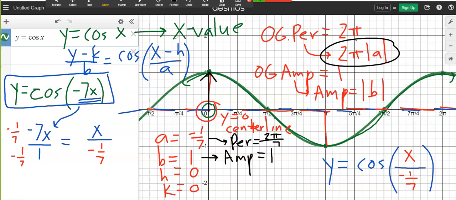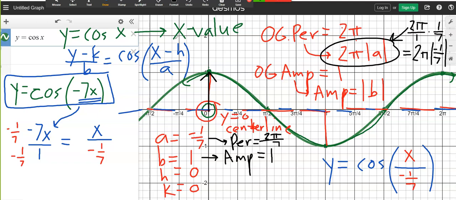Aren't we doing 2 pi times the absolute value of -1/7? So what do you get when you multiply 2 pi times the absolute value of -1/7? Well, the negative drops, right? So 2 pi times 1 across the top and 1 times 7 across the bottom.